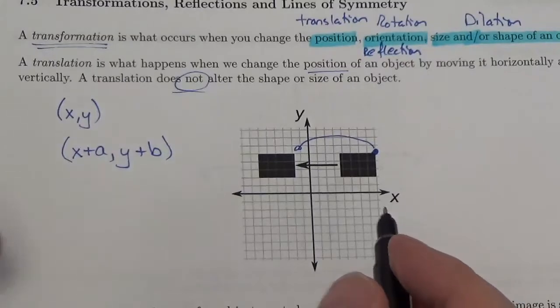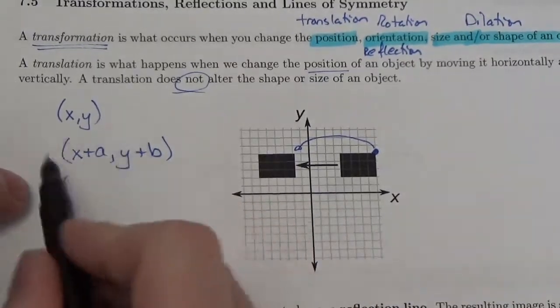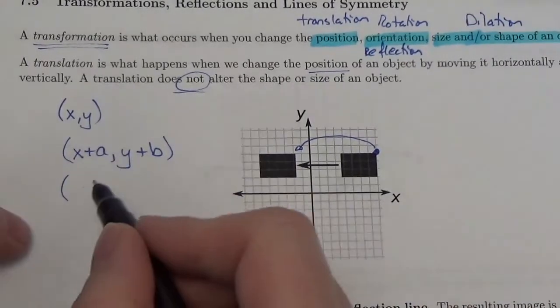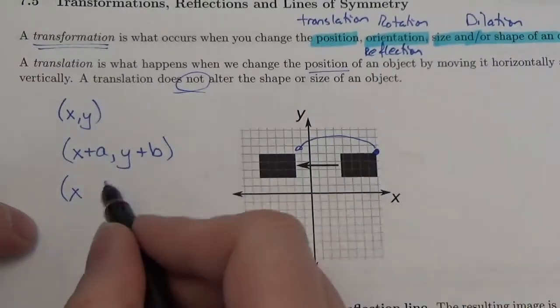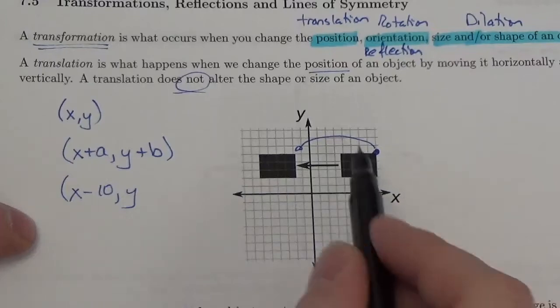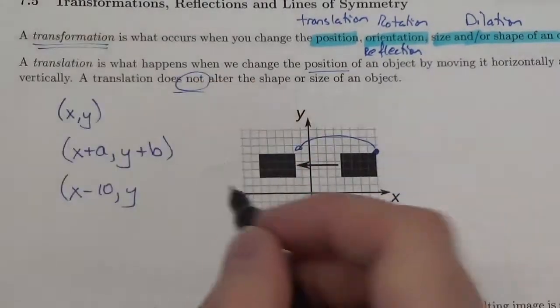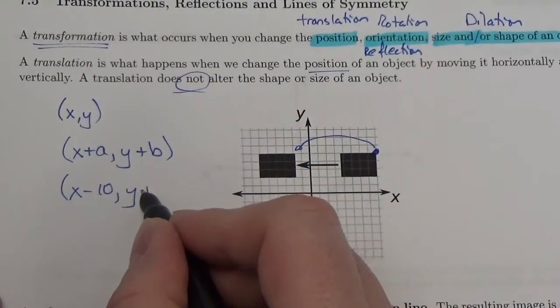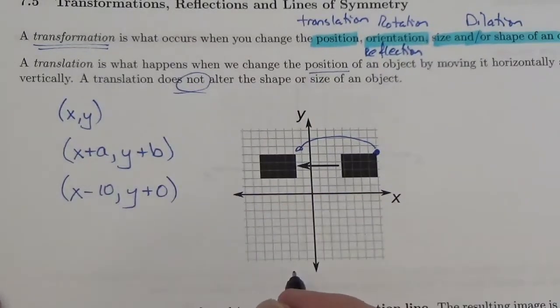It moved 10. So the way I might talk about it is I'm taking every x coordinate here and I'm going to subtract 10 from it. Now, the y coordinates didn't move vertically. So I might say y plus 0, or I might just leave it all by itself.